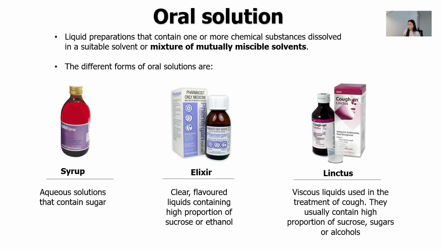Linctus is another type of liquid preparation. When we use the word linctus, we are always referring to a liquid preparation used to treat cough. Linctus also contains a high amount of sucrose and alcohols.